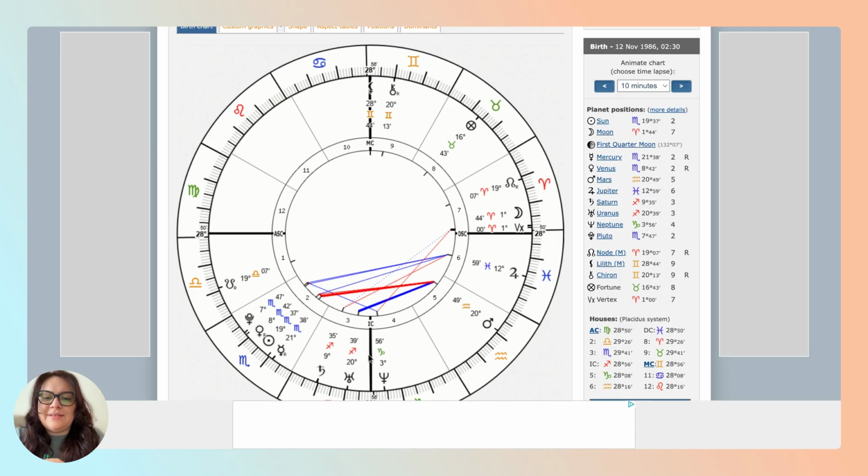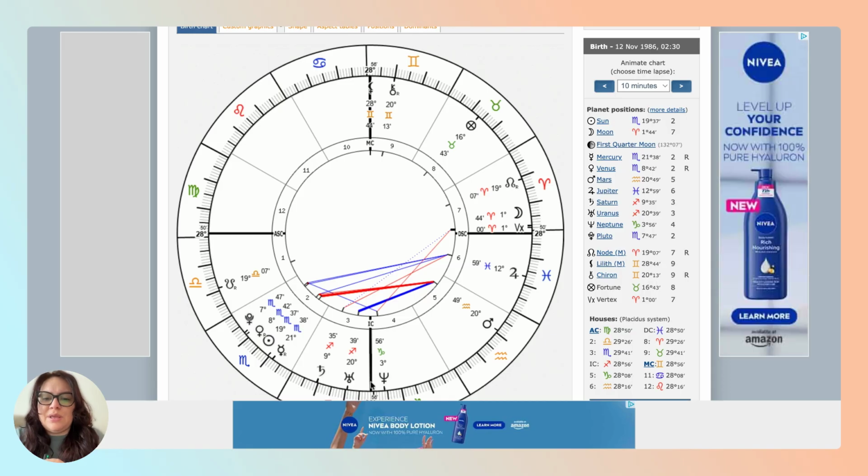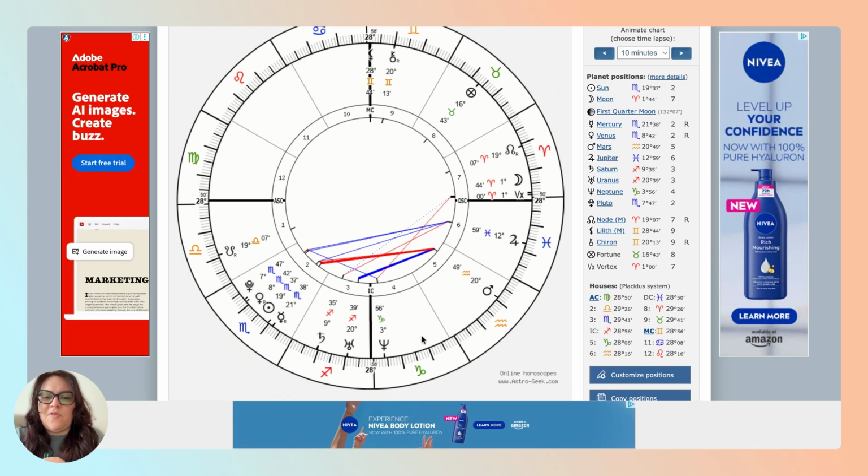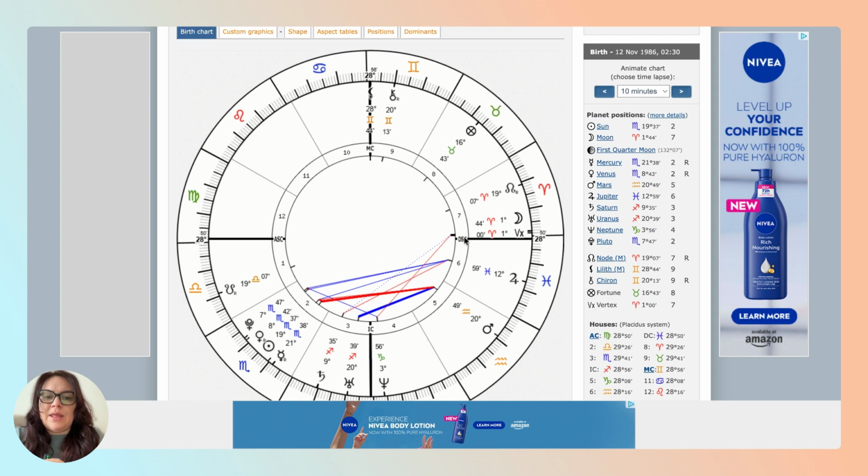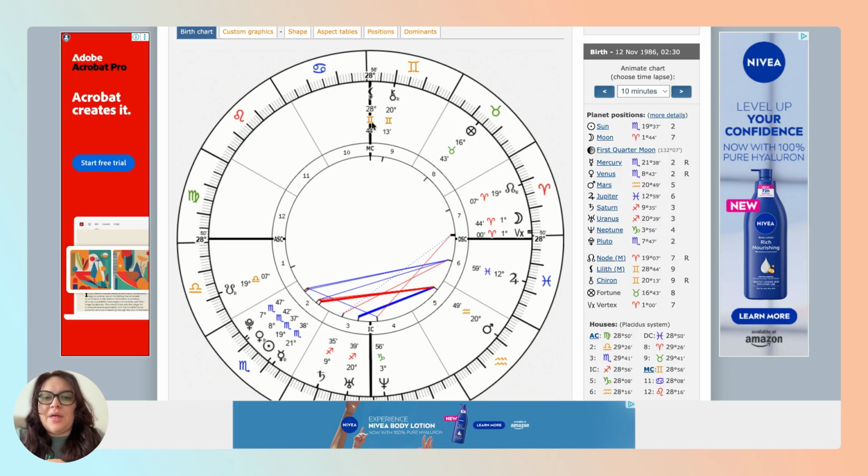The IC is the cusp or the beginning of house 4. The DSC, or the descendant, is the cusp of house 7. And the MC is the cusp of house 10.